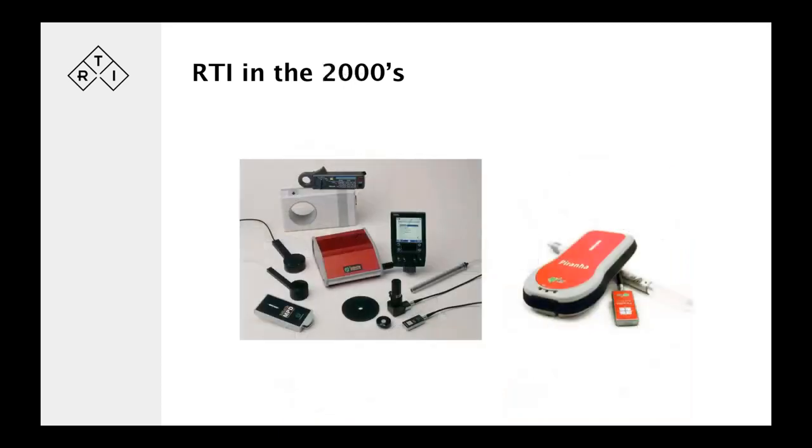Then moving along into the 2000s, we saw the advent of the multi-probe meter, the first X-ray measurement system for multiple probes at the same time. It was the Barracuda system that saw the dawn.